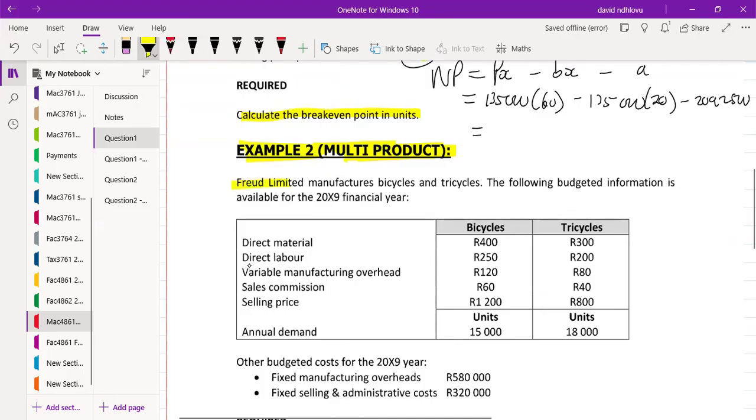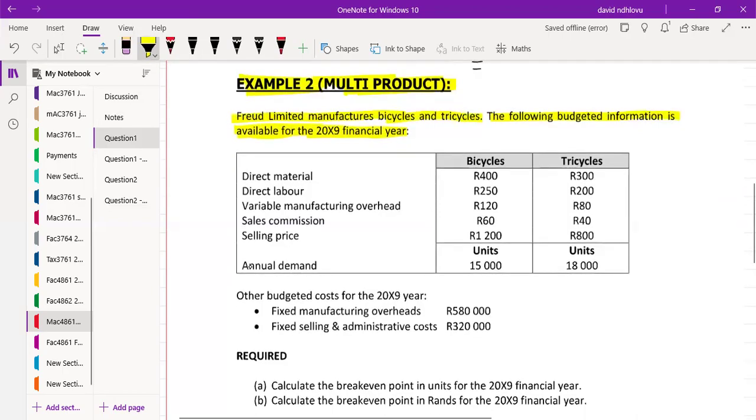It says Freud Limited manufactures bicycles and tricycles. The following budgeted information is available for the 20X9 financial year. We are given bicycles and tricycles, with the direct material, direct labor, variable manufacturing cost, sales commission, selling price, and the annual demand.